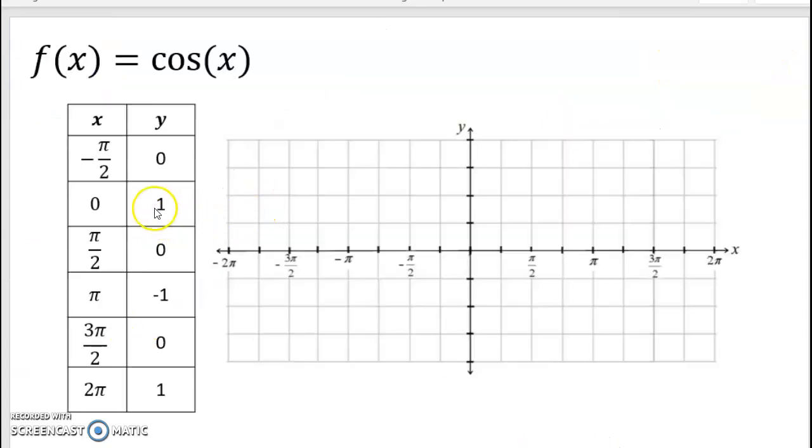So for my cosine graph, I start at 1, and then I go to 0, then to negative 1 at 180 or pi, and back to 0, and back to the max. So one full cosine wave would look like that. And then you continue your pattern to the left.